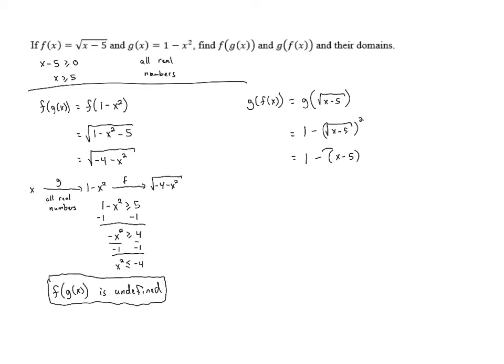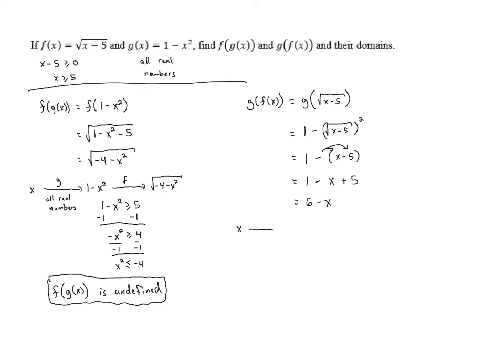Now the last thing we're going to do is distribute that subtraction and combine like terms so that we can simplify this. That gives us 1 minus x and then plus 5, because when we're subtracting a negative, it turns into a positive. And when we add 1 plus 5, we get 6. So our composition of functions here is going to be 6 minus x, but we have to check the domain.